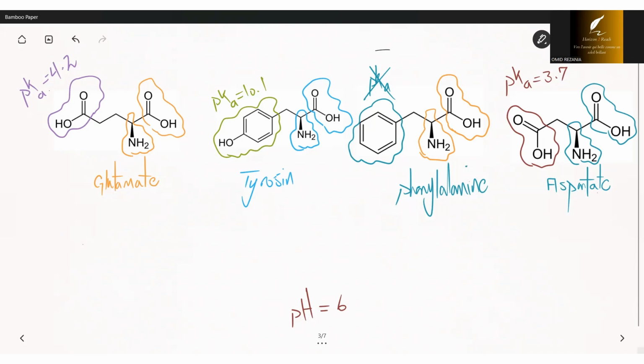Remember, the bigger the pKa, the less the acidity. As a result, the environment is going to be acidic, and the amino group gets protonated. It gets a proton from the solution to become NH3. About the side chain, the pKa is 4.2. The environment is 6.